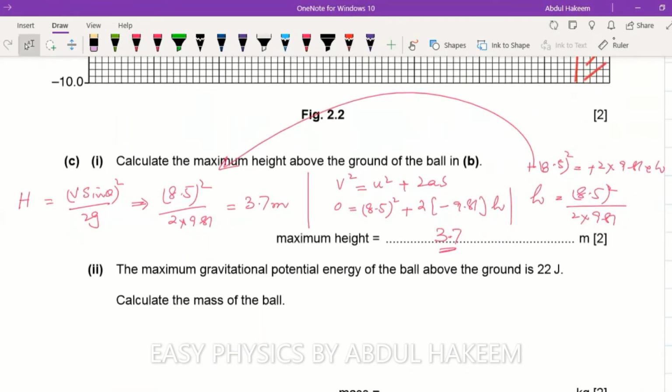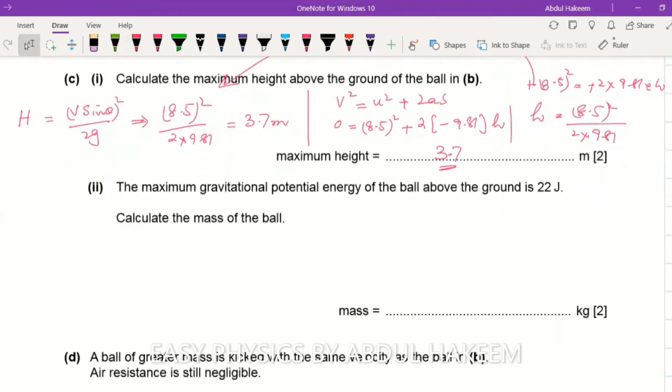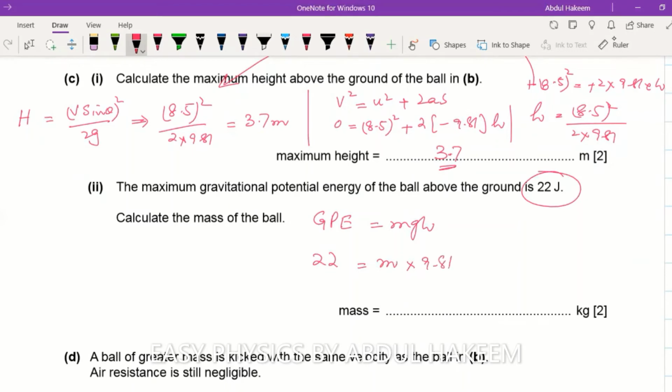And the next. The question is, the maximum gravitational potential energy of the ball above the ground is 22 joule. Calculate the mass of the ball. The gravitational potential energy formula is mgh and the energy is given. So 22, mass required, g is 9.81, and the height is calculated as 3.7.